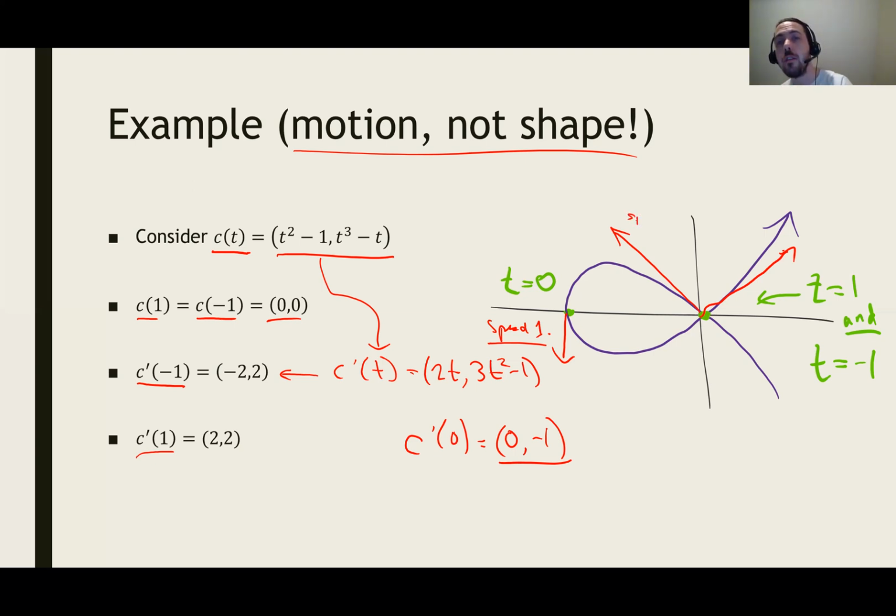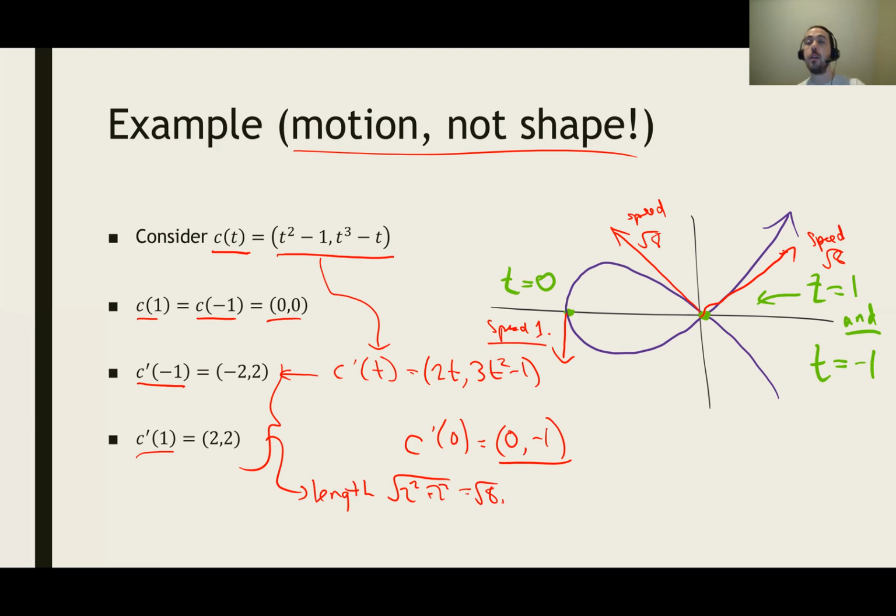So this one has speed square root of 8, and this one has speed square root of 8, because these two vectors both have length equal to the square root of 2 squared plus 2 squared equals square root 8.